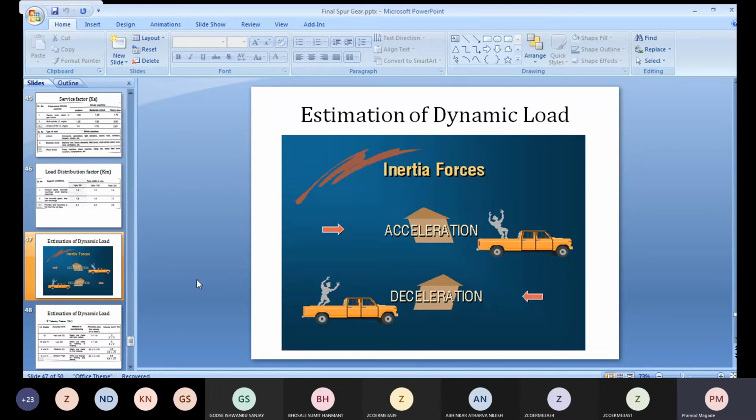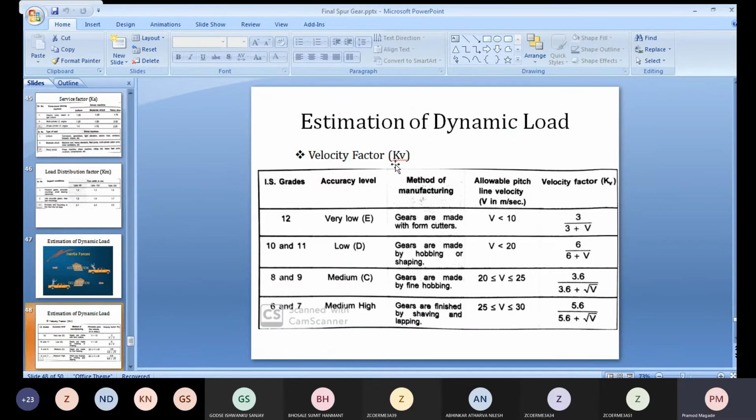Write down first velocity factor, in bracket kv, velocity factor in bracket kv, and second Buckingham's equation. Okay, so these are the two points which we only consider for dynamic load.